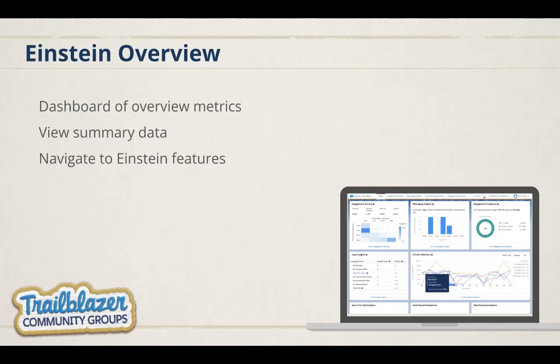Any AI-based features in the product have been renamed and adopt the Einstein brand. So when you hear Einstein, it's not a specific platform or feature per se, but really a marketing branding exercise.